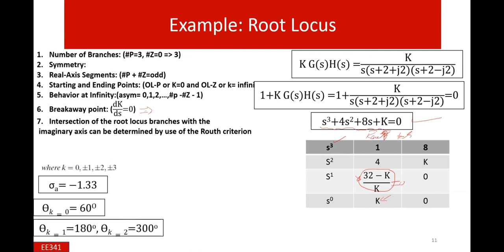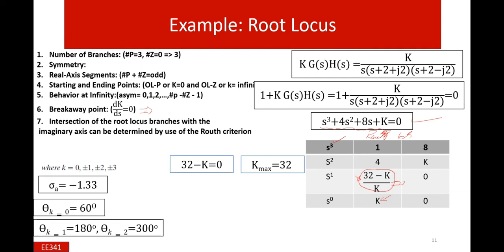So k equal to 32 is the maximum value we can take for stability. If we increase the value of k further from 32, then the system will be unstable, and before that the system is stable, and at k equal to 32 the system maintains its oscillations.